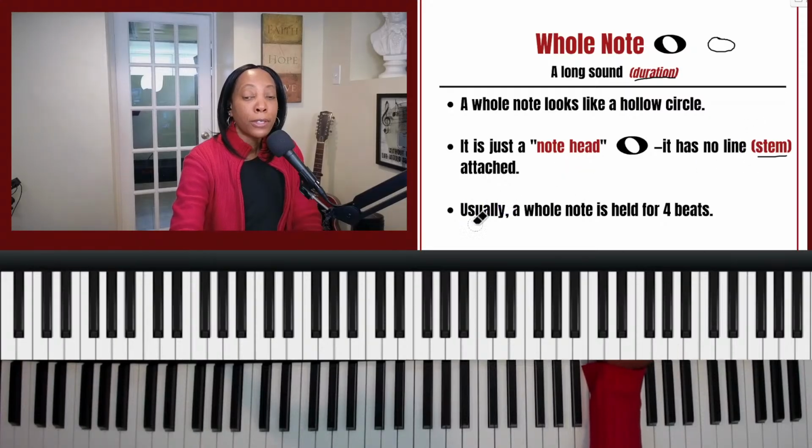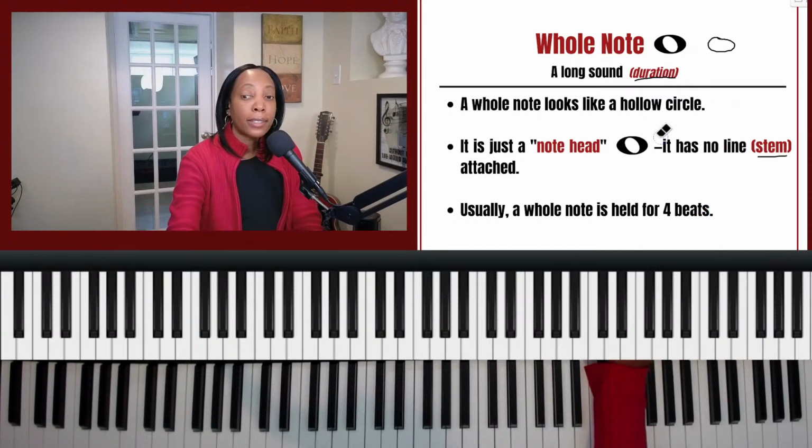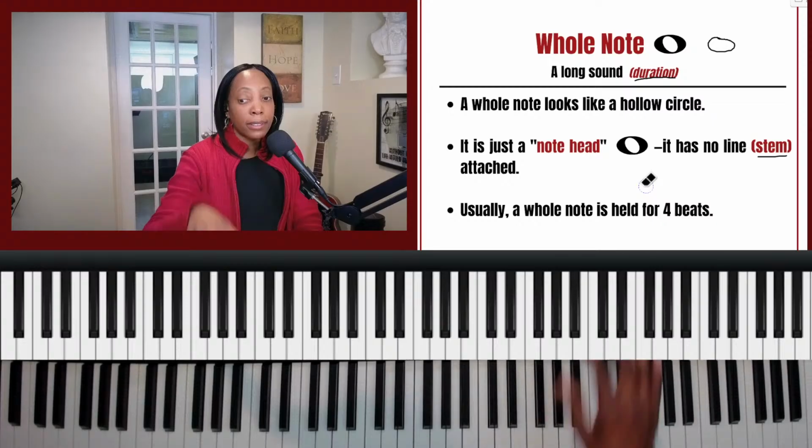And I have usually held for 4 beats because as we get further in our theory, you will notice that in some contexts of music, this whole note has different lengths. But for our lessons, it is going to be held for 4 counts.